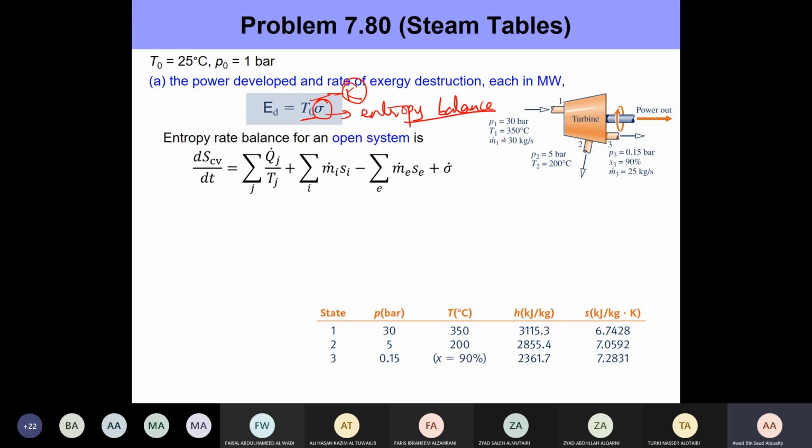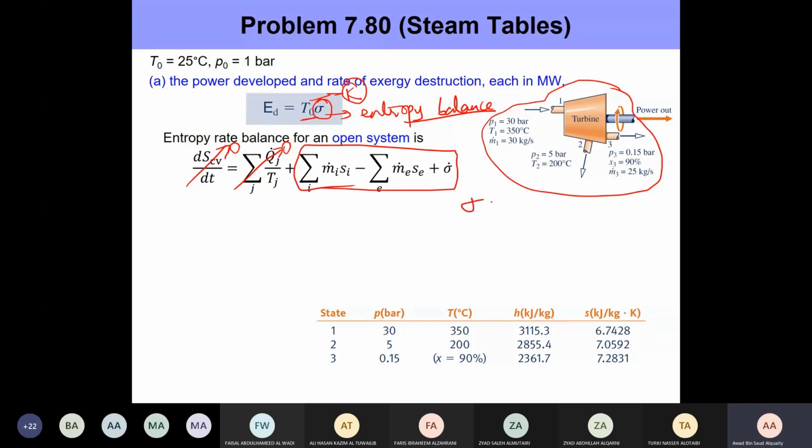But for a turbine, we are dealing with a steady state, steady flow system, where properties do not change within the control volume with time, so the change of entropy of the control volume with time would be zero. And since we're assuming there's no heat loss to the surroundings, this term also goes down to zero. So we're just left with these three terms right here.